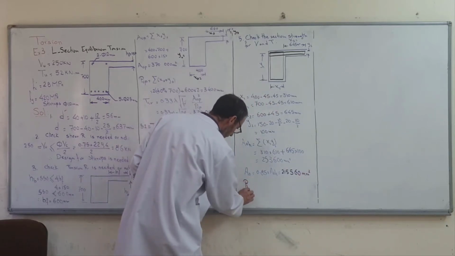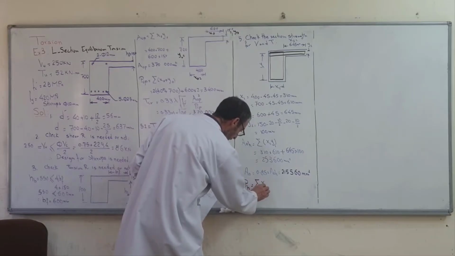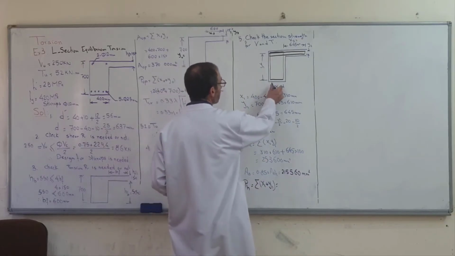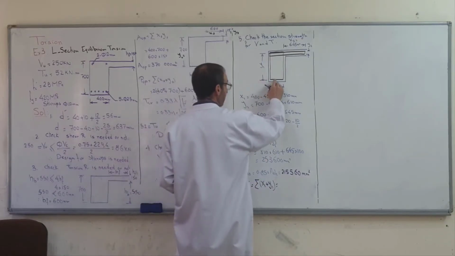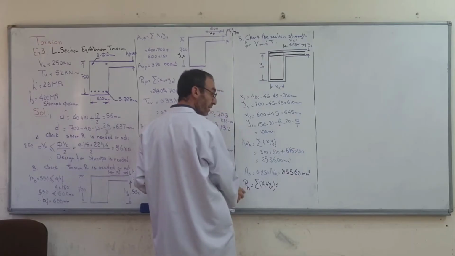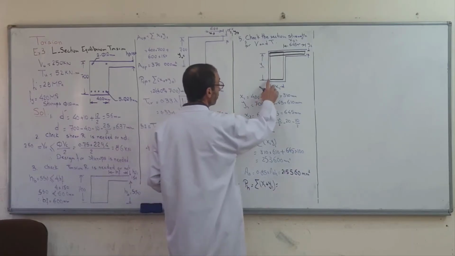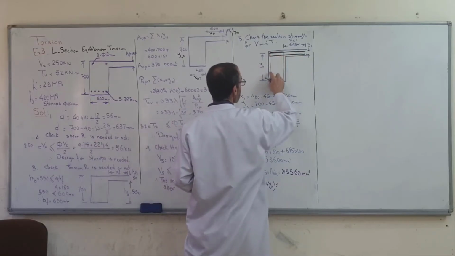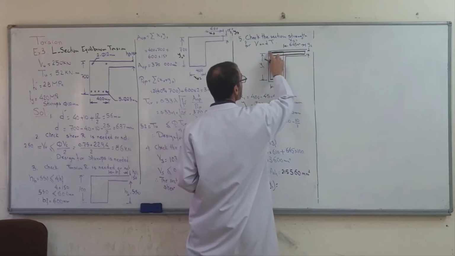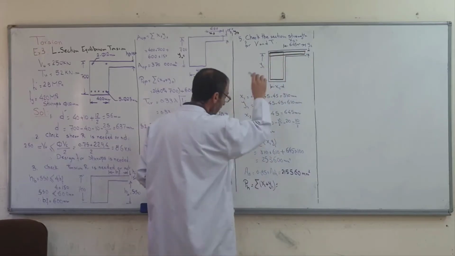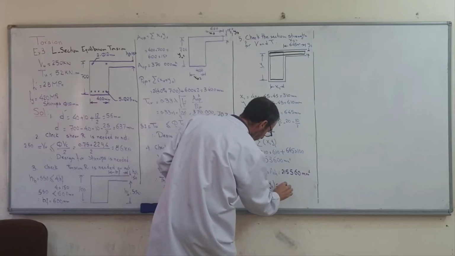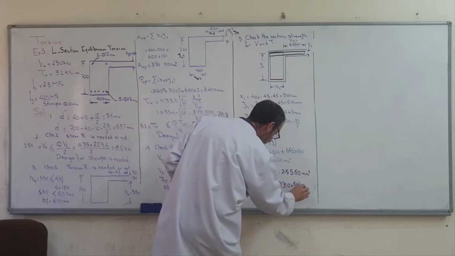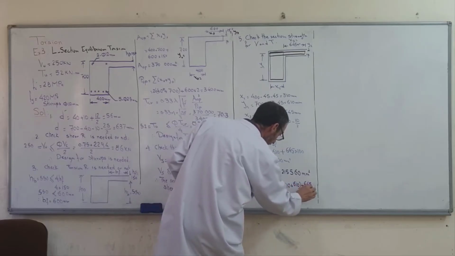Try to find Ph, which is equal to the summation of x1 plus y1. Substitute here, x1 go through this line, Ph is the perimeter of the hoop. 310 plus 610 times 2 plus 645 times 2.